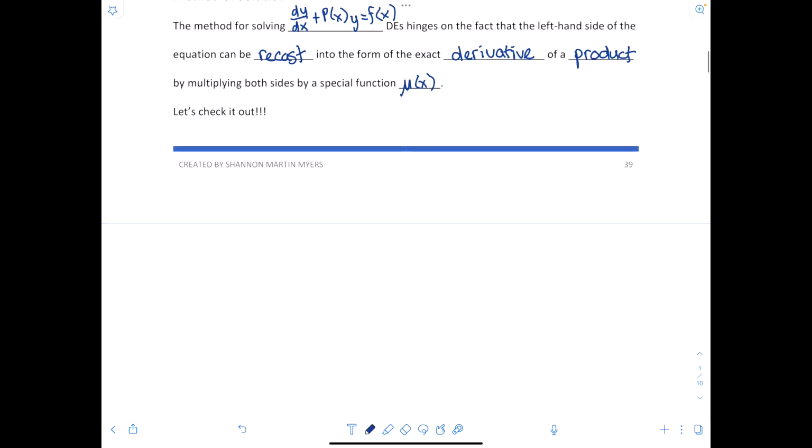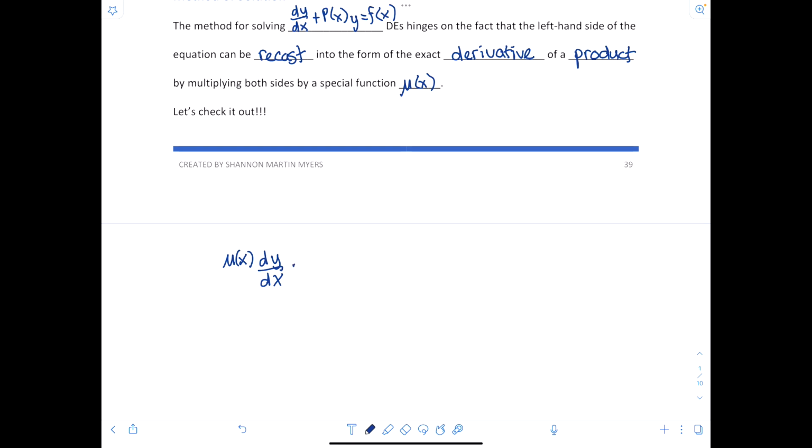Let's check it out. So here we go. If we take a look at this mu of x, we don't know what it is yet, okay? And mu of x, it's some function in terms of x, times dy/dx.